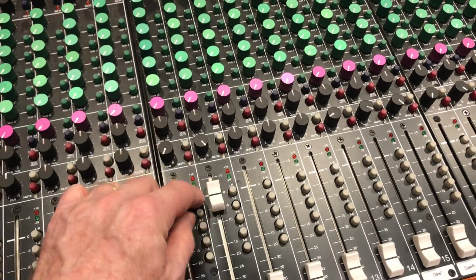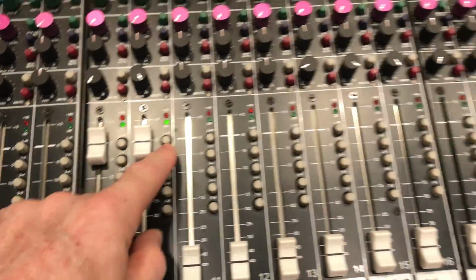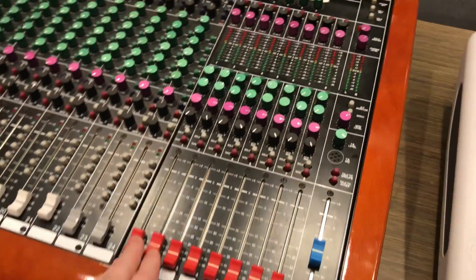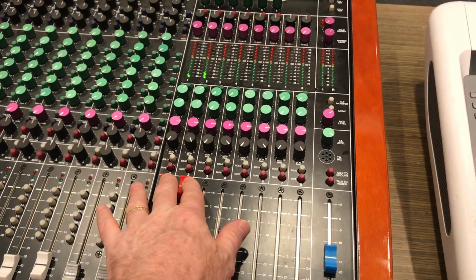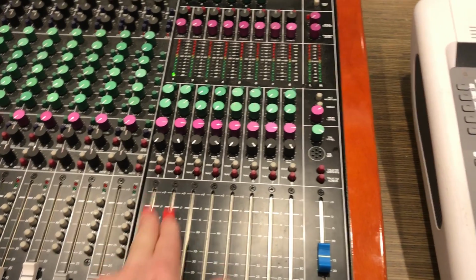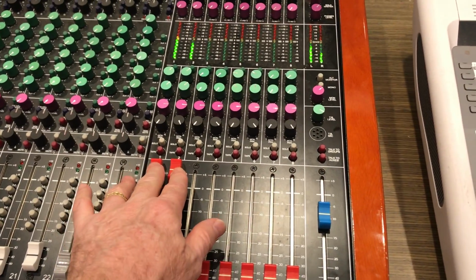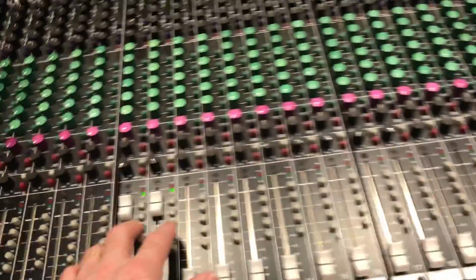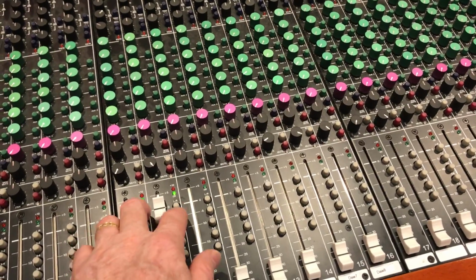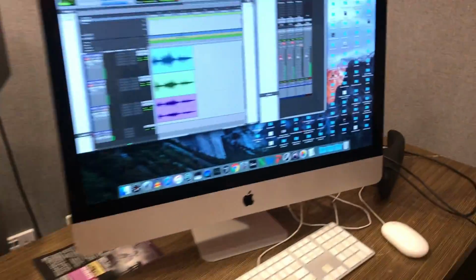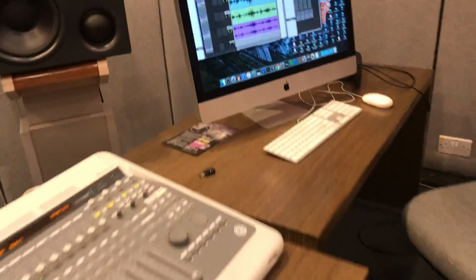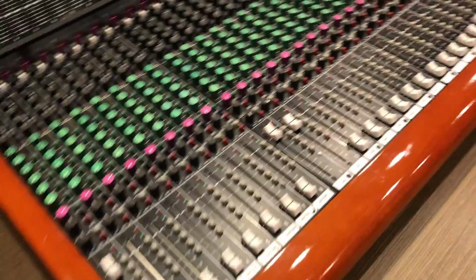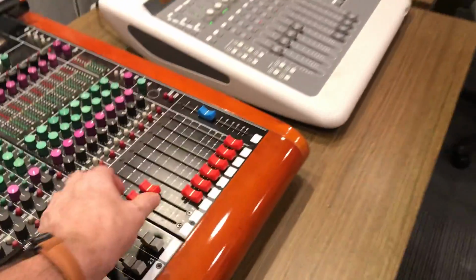If I was to send the signal out of Pro Tools, both out of left and right, and the groups, well, in this sense it doesn't really, you could send out both, but it doesn't really make sense to send it out left and right plus group, because we're just increasing the monitoring level through the speakers.